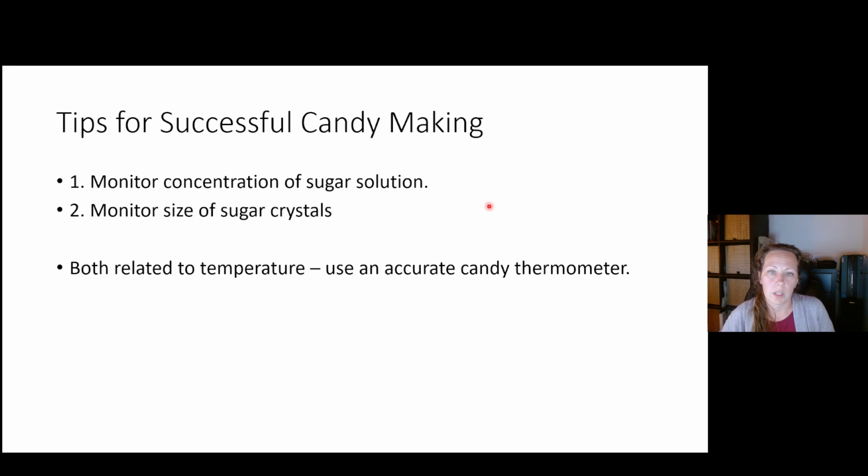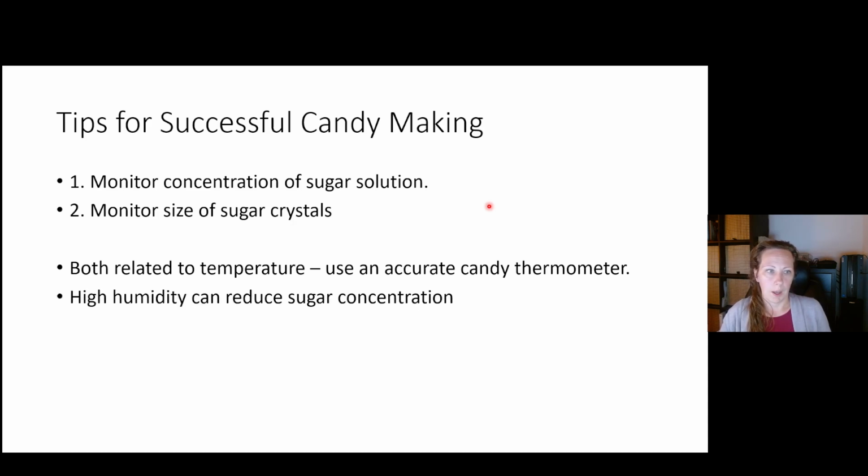And so it's very important to use an accurate candy thermometer. And you'll see here on the next slide that sometimes the temperature at which one thing happens versus the other is a very narrow range, and so you need to have accuracy with your thermometer.